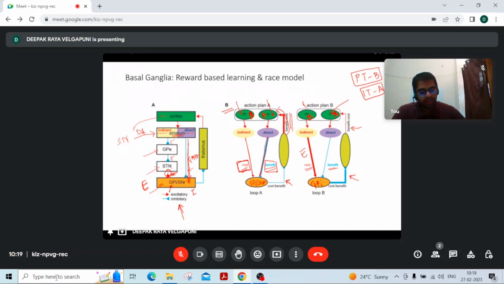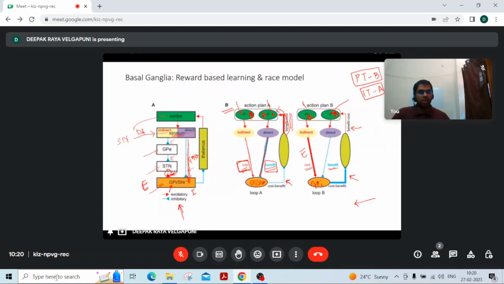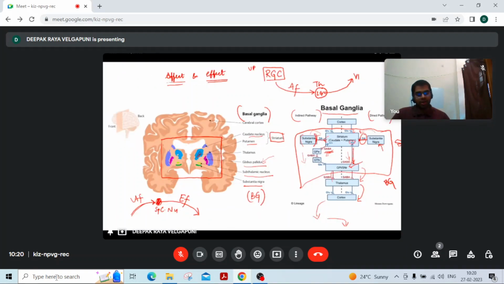So this is a type of model for basal ganglia. This is how basal ganglia is involved in reward-based learning, where it can analyze cost-benefit ratios and, depending on that, select an action. We have seen a model here, and the structure of basal ganglia, one of the important subcortical areas.